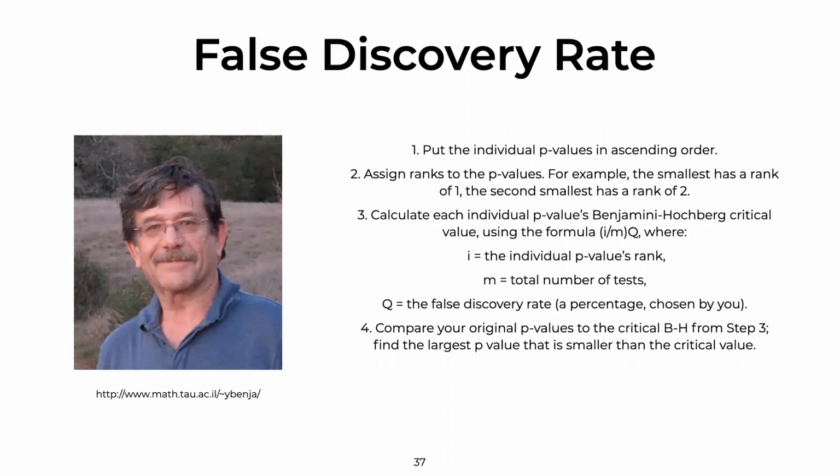And the approach is that you can actually put all of your p-values in ascending order. So it means that from lowest to greatest, and then you can assign ranks, and then you can calculate each individual's p-value critical value, which takes into account the total number of observations. So that means that this approach is linked to how many observations you have.